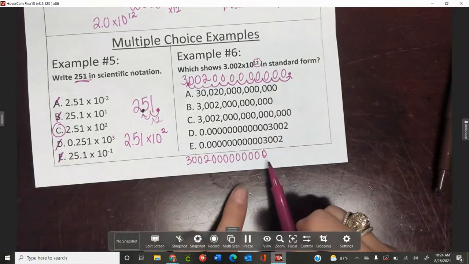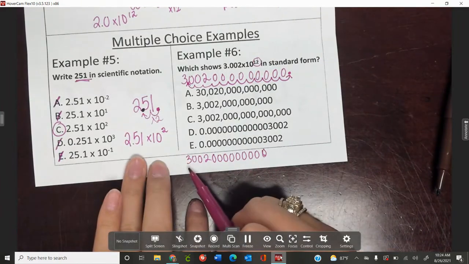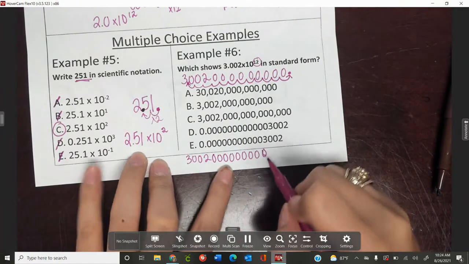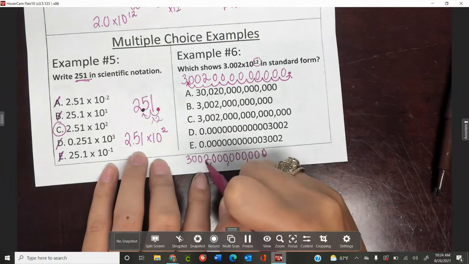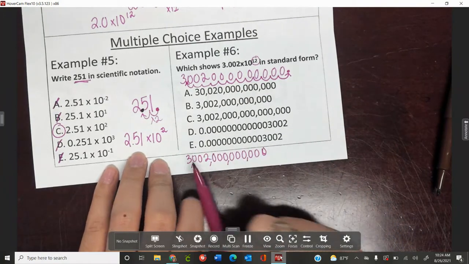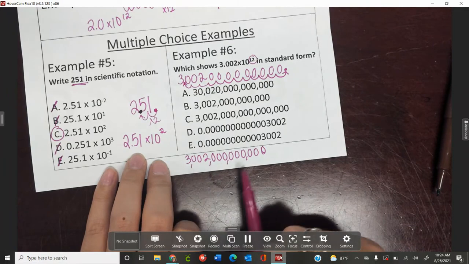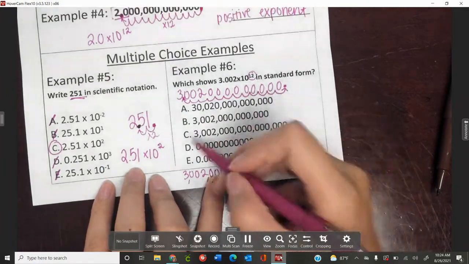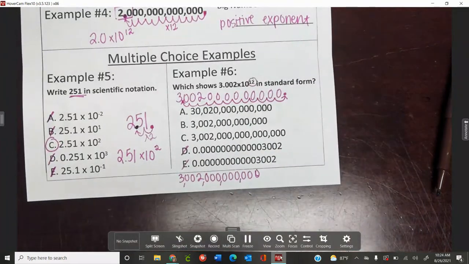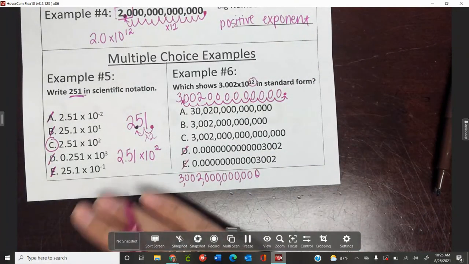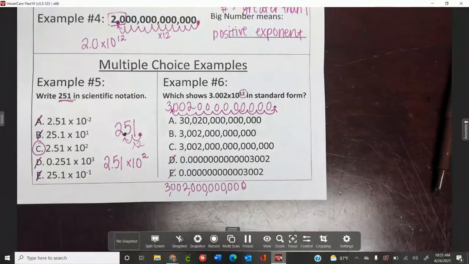And then starting from the very right, we need to count every three numbers and put a comma. So 1, 2, 3, comma, 1, 2, 3, comma, 1, 2, 3, comma, 1, 2, 3, comma. So we have 3 trillion, 2 billion. Right away, we could have eliminated D and E because this positive exponent of 12 tells us that we will have a big number.